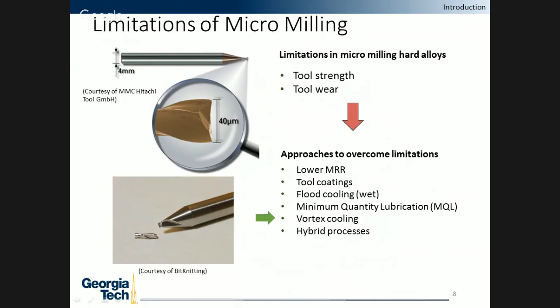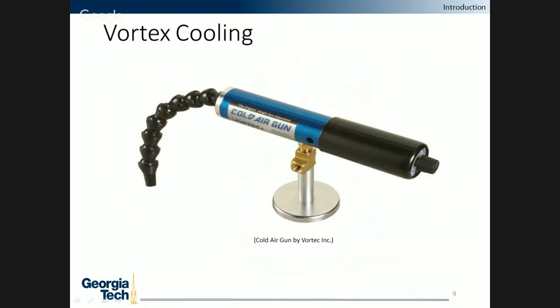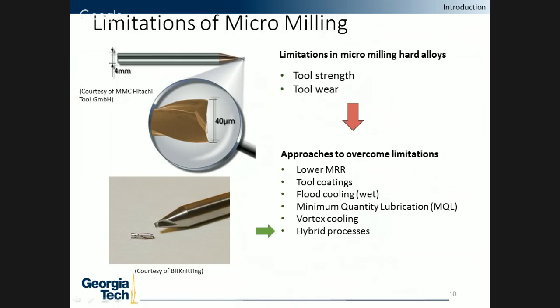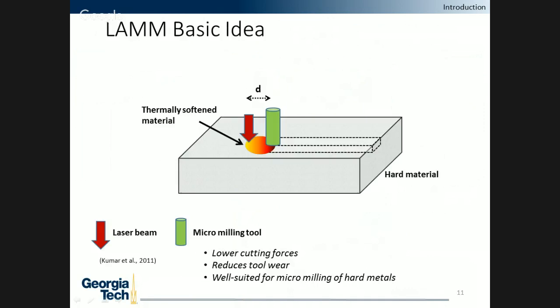Another technique is vortex cooling, which takes compressed air, and due to the Ranque-Hilsch effect, it can output very cold air temperatures onto the tool to help reduce wear. The last technique is a hybrid process called laser-assisted micromilling.